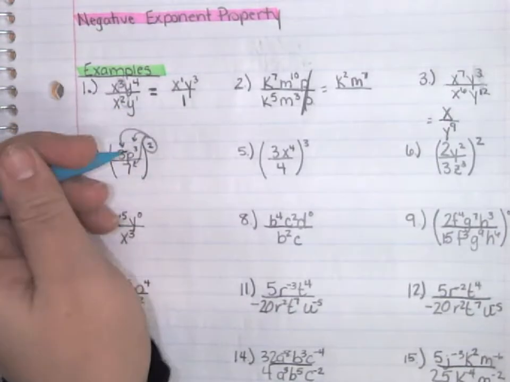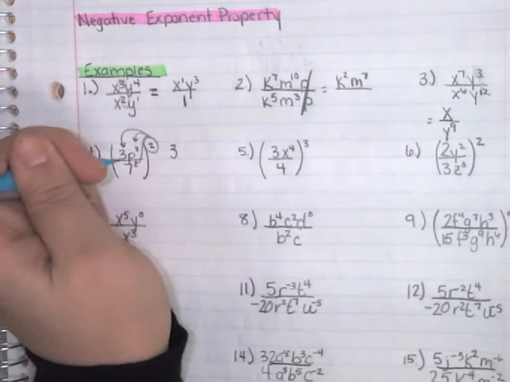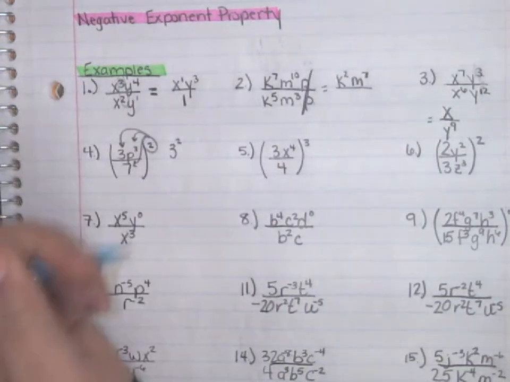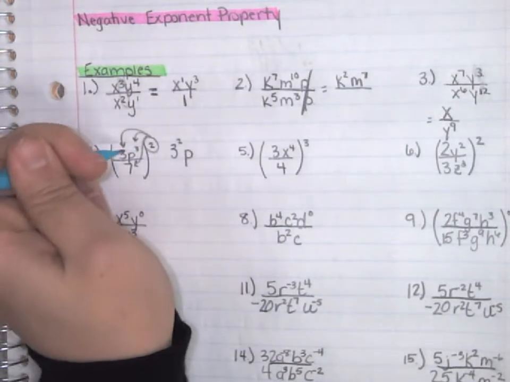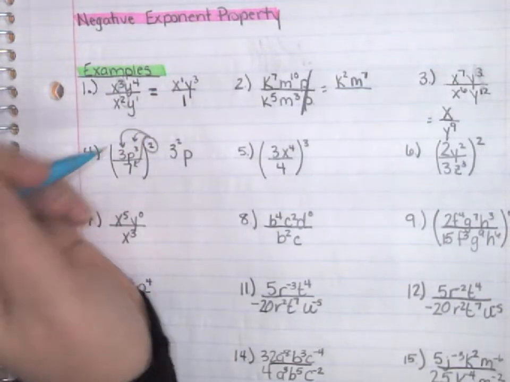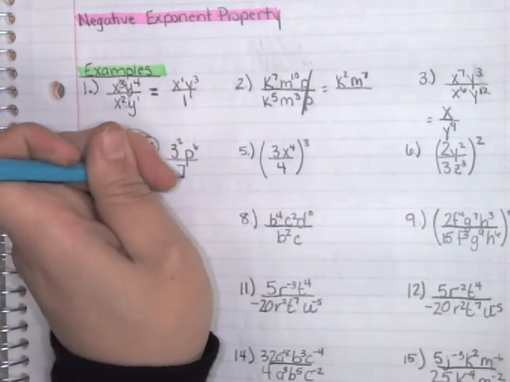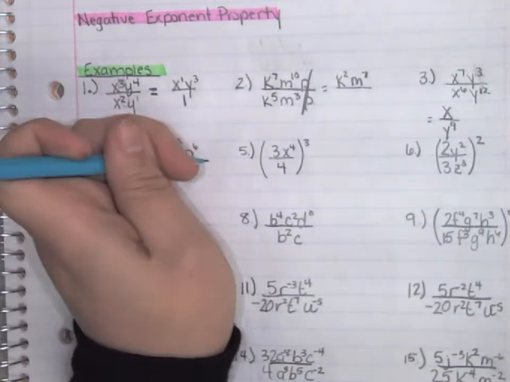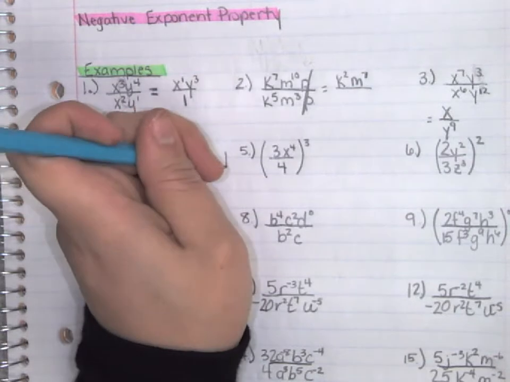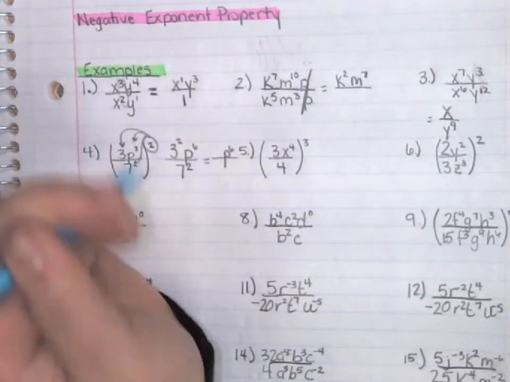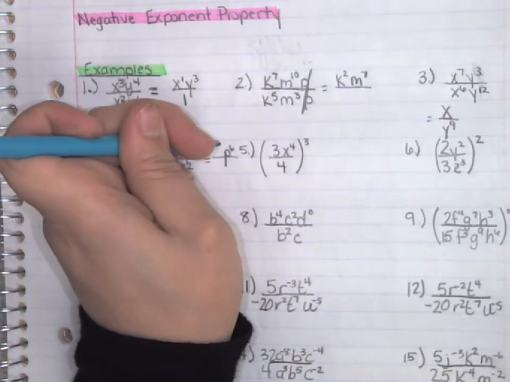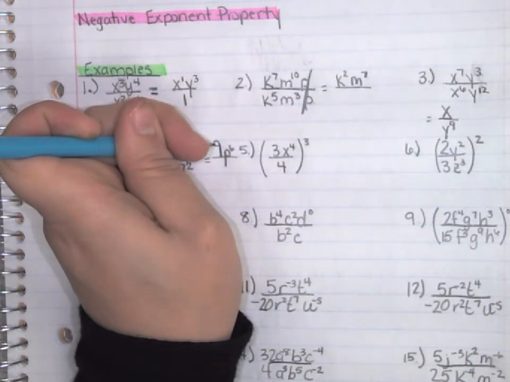So sometimes, especially with fractions, it does help to rewrite it. So 3 squared. Now p we can rewrite. What's p going to be to the power of? 6. And then 7 squared. Now can we reduce those whole numbers? P is still going to be to the 6th. But what's 3 squared? 9.